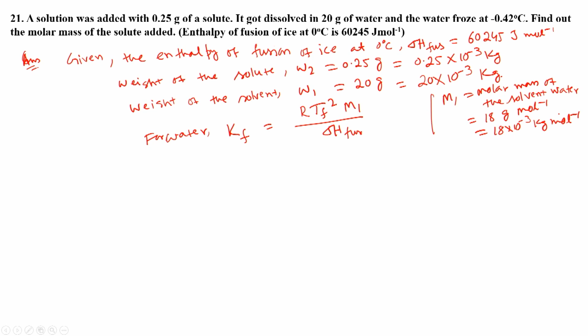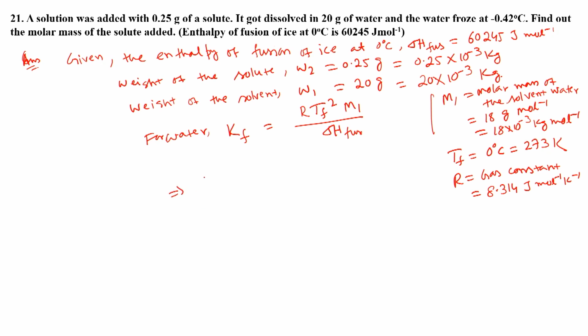That is M1, and Tf is 0 degrees Celsius, so 273 Kelvin. The value of R we need to convert into joule unit because delta H is given in joule unit. So the gas constant R in joule unit is 8.314 joules per mole per Kelvin.